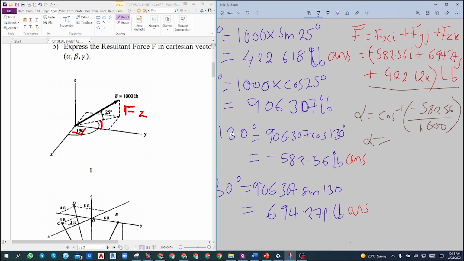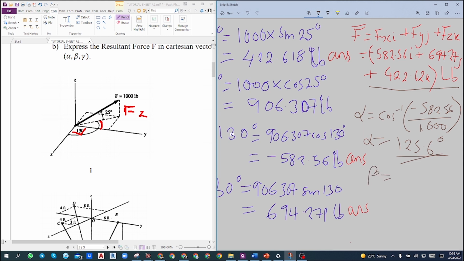And so our alpha is equal to cos inverse of negative 0.582, which is 125.6 degrees.